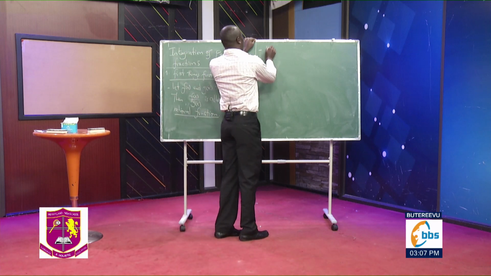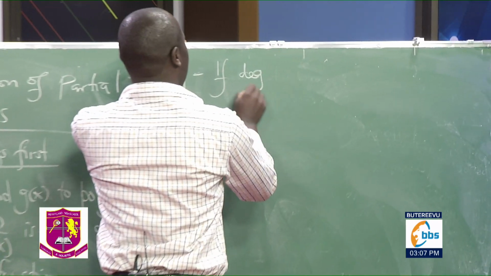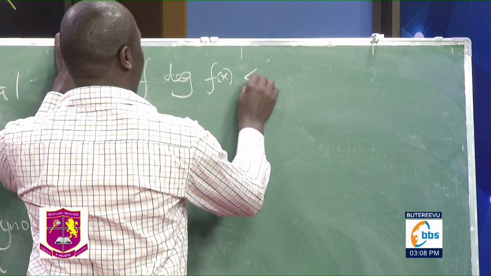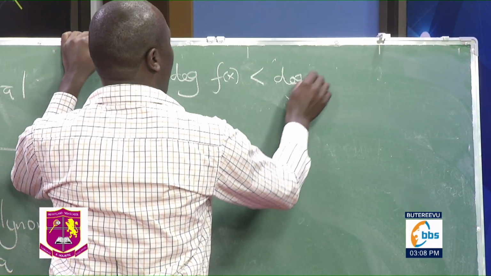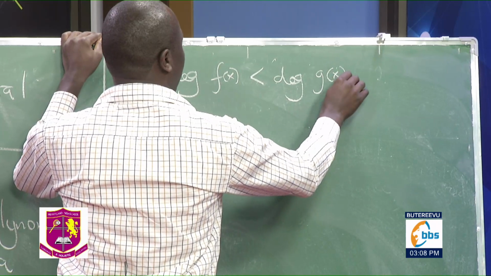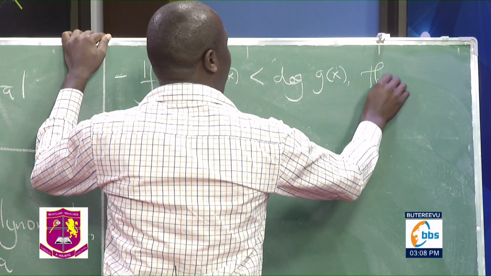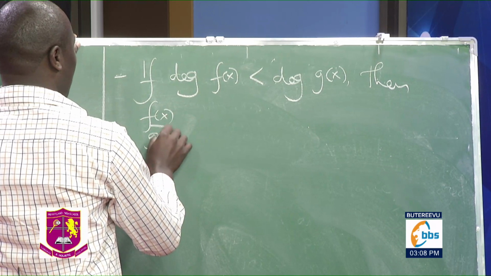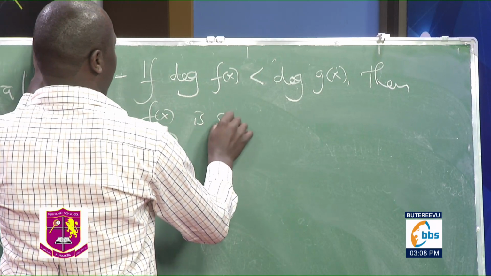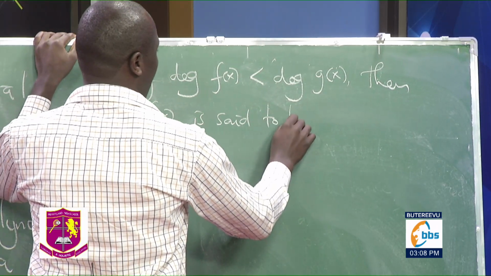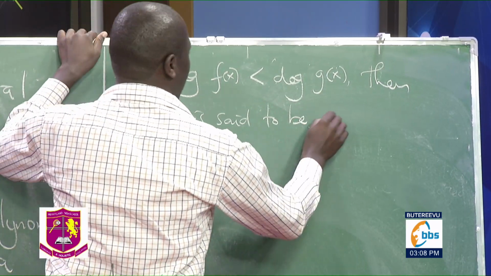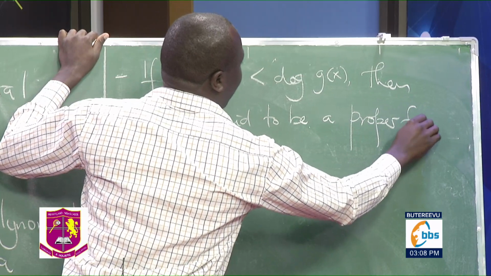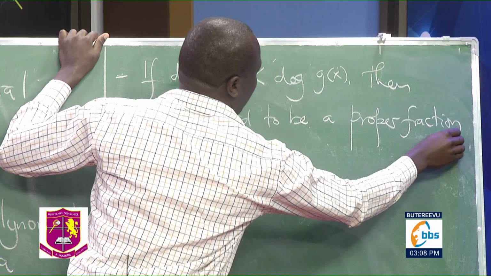If the degree of f of x is less than the degree of g of x, then this rational function is said to be a proper fraction.